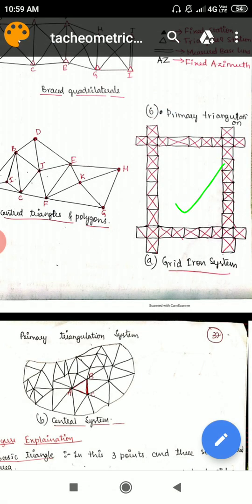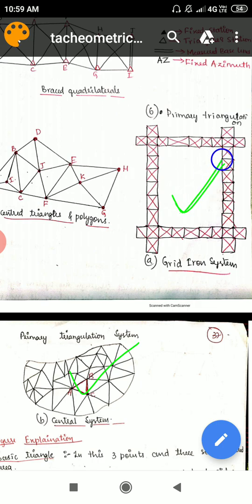This and this one come in primary triangulations. So in these cases, what will happen? It comes in the primary triangulation system. The area enclosed is covered with a network system. It is known as a grid iron system.